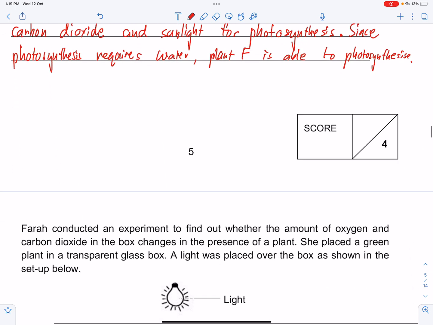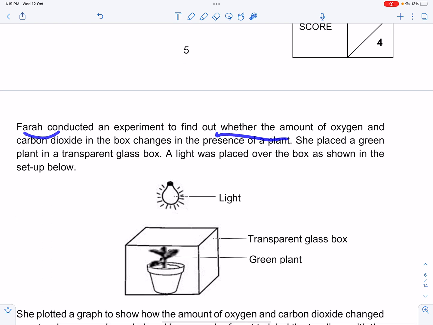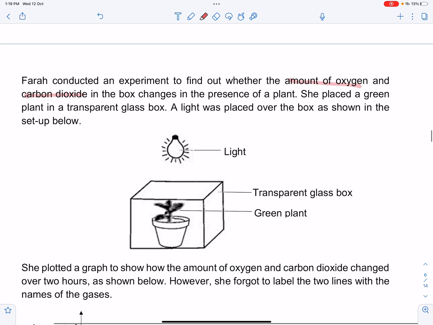Next, Farah conducted an experiment to find out the amount of oxygen and carbon dioxide in the box changes in the presence of a plant. She placed a green plant in a transparent glass box. Okay, a light was placed over the box as shown.